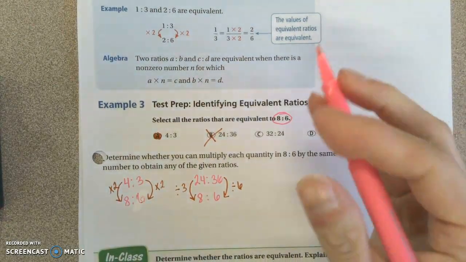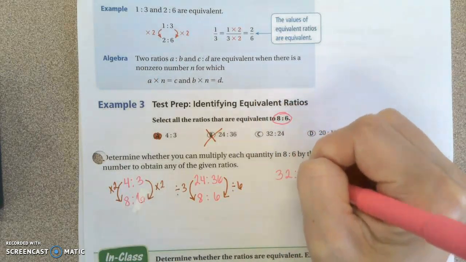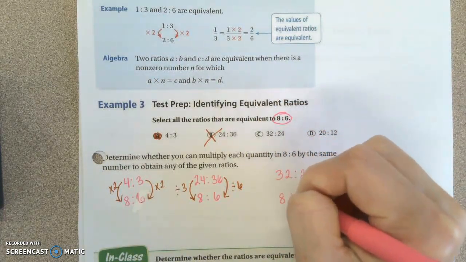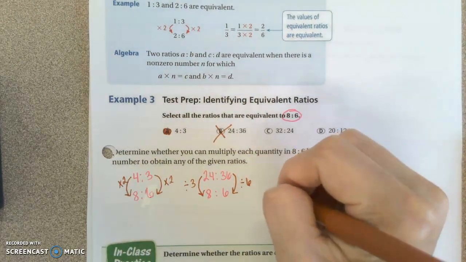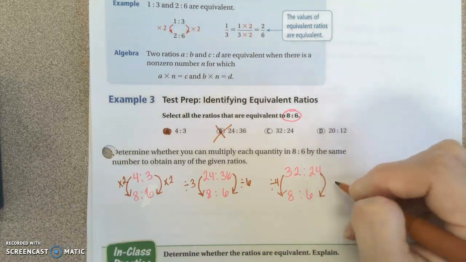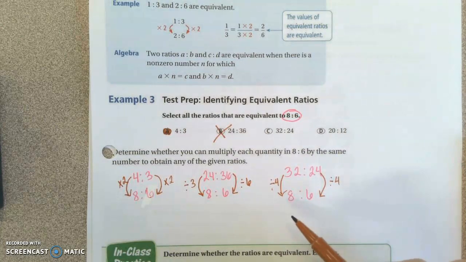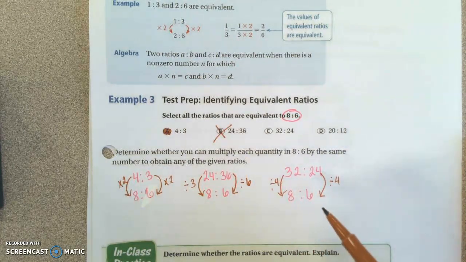Let's look at choice C. 32 to 24, 8 to 6. So to get from 32 to 8, we would divide by 4. 24 to 6, divide by 4. We can also go back this way from 8 to 32. It's 8 times 4, 6 times 4. Either way, dividing by 4, multiplying by 4, it's the same number on both sides. So that one is equivalent.